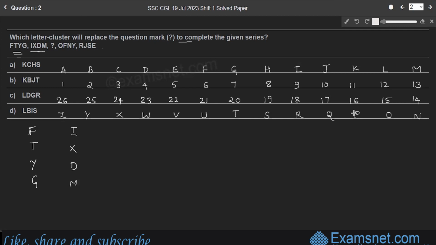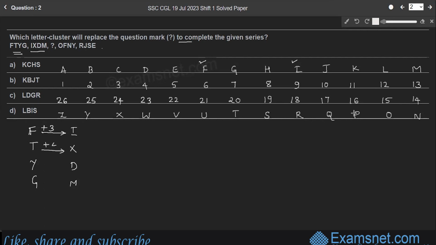So for that, consider the first letters in the first two clusters, right? So F is 6 here, I is 9. So we can write F plus 3 as I, right? And the second letters are T and X. T is 20, X is 24.